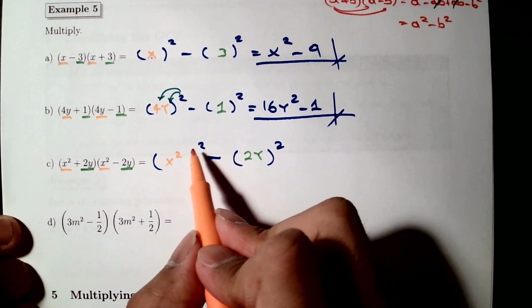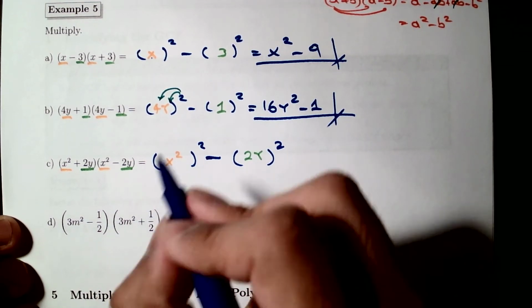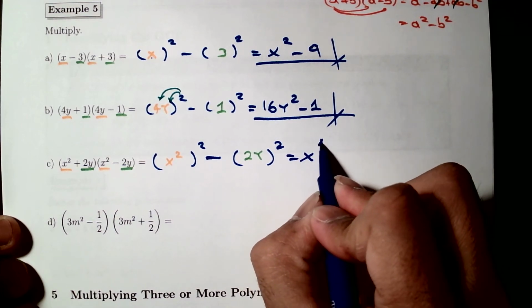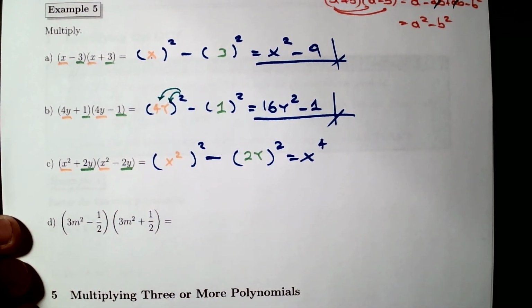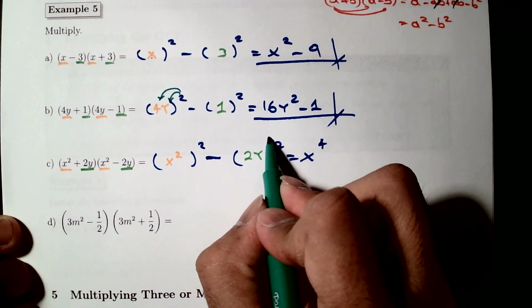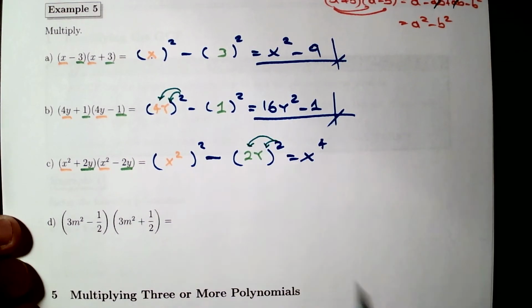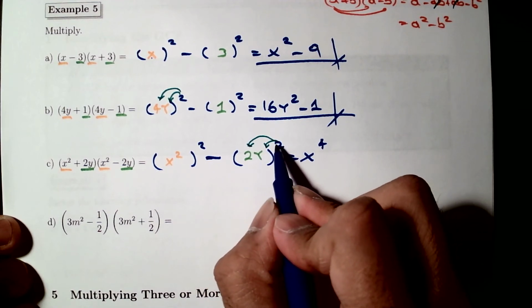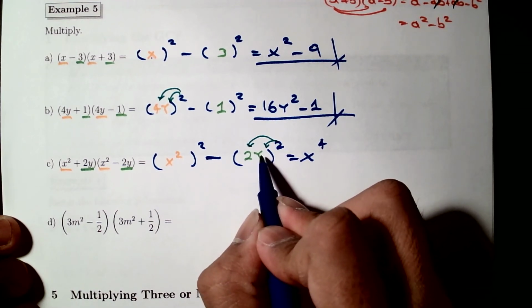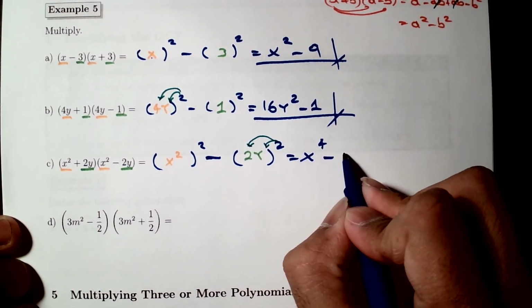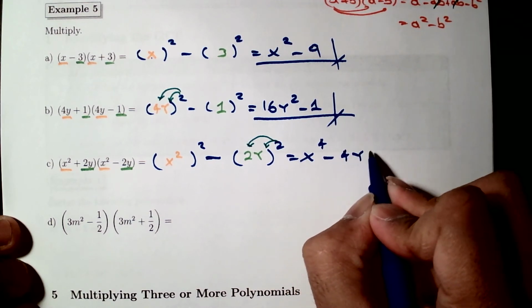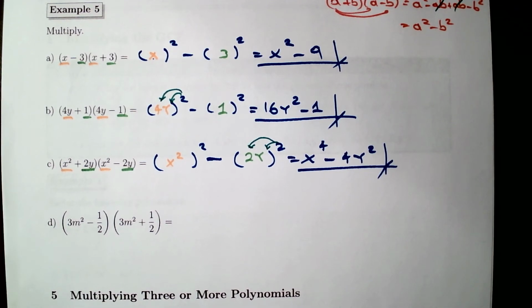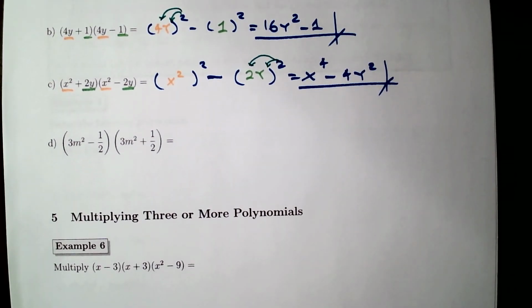Alright, power of another power. We multiply the powers 2 times 2, that's x to the 4th. And then over here, same story as before. The 2 affects both the coefficient and the variable. So this is going to be 4y squared. Final answer.